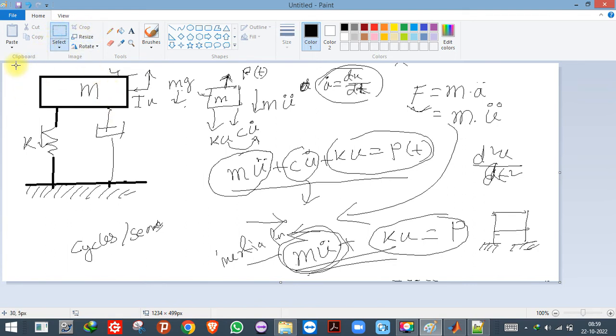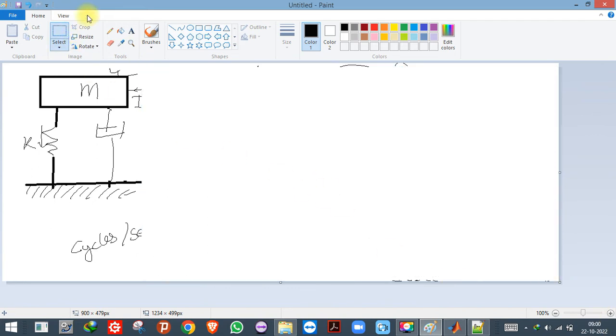That's why we don't go for earthquake analysis of small buildings, let's say 1 story or 2 story buildings. But earthquake analysis is always performed for higher story buildings, and if the mass is more, then as the equation itself suggests, m u double dot plus k u equal to p, this is the additional force that is causing it. In structural dynamics we deal with this force.